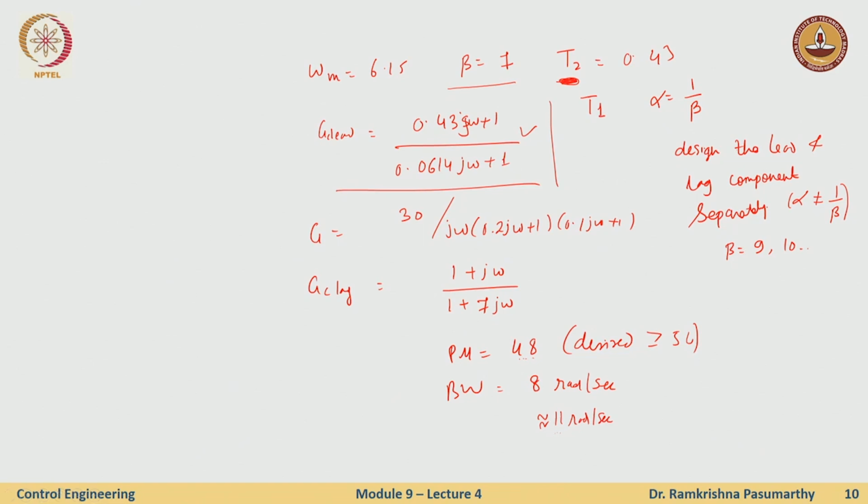I will not run you through that process. I will leave that to you as an exercise to play around with different values of alpha, or even designing the lead compensator completely separately. The aim of this lecture was to run you through the design process, how to use MATLAB appropriately, how to read the MATLAB plots, and so on.